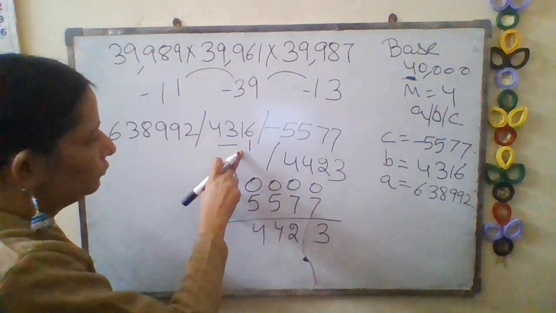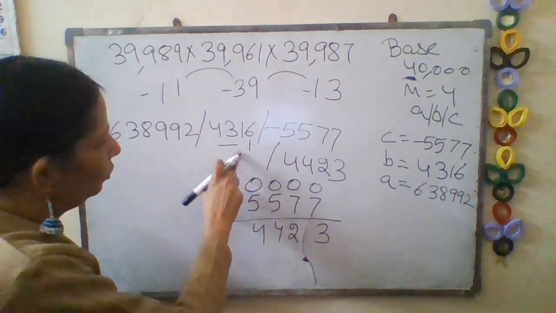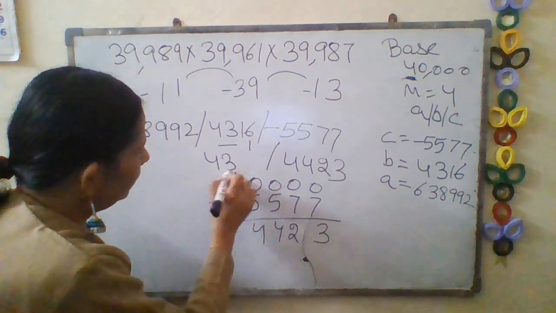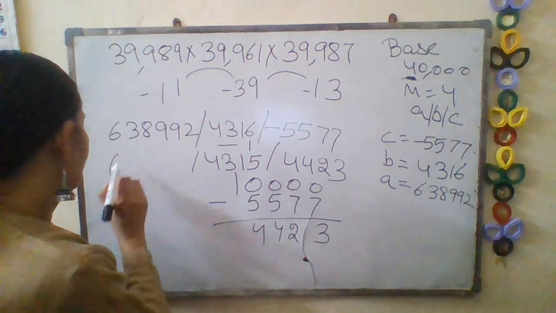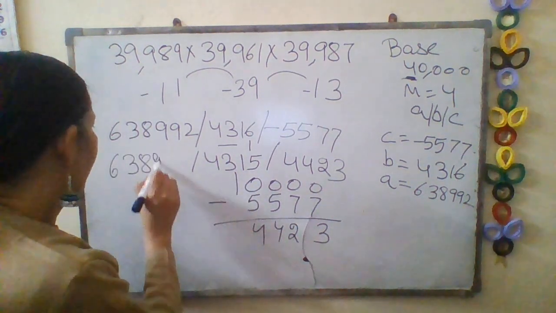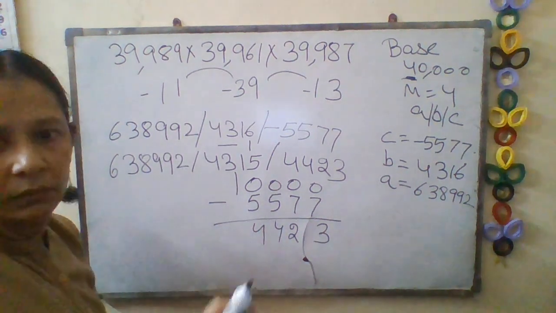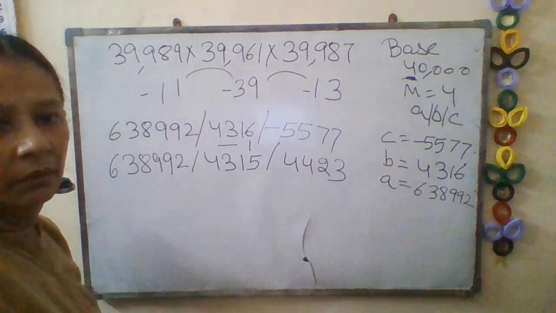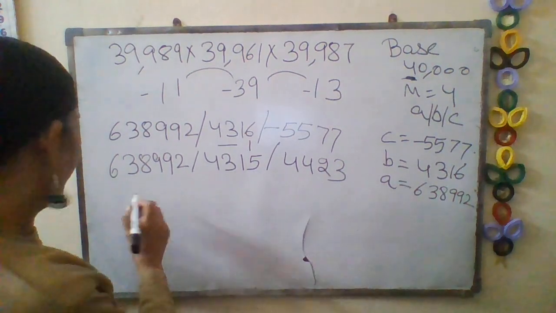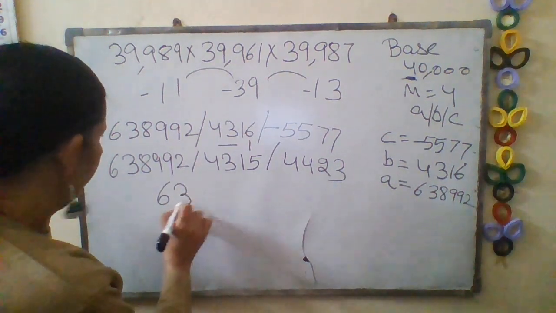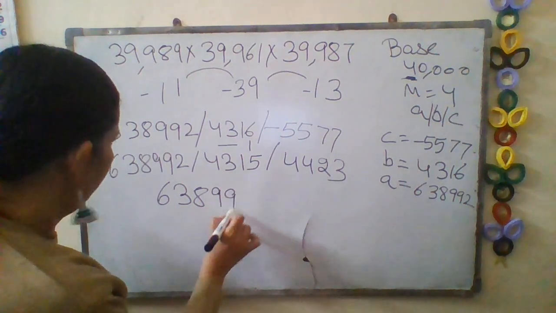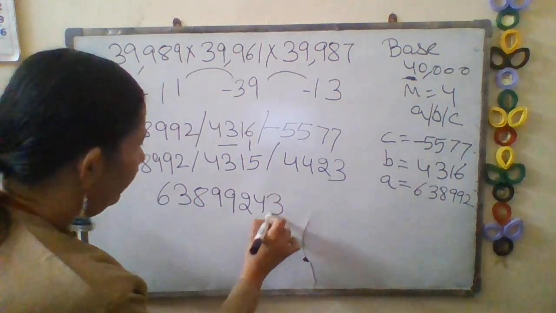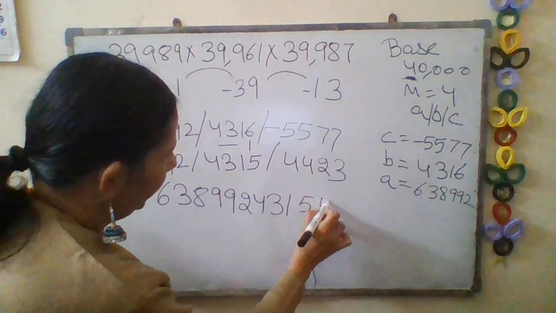Okay, because 1 you have borrowed from here. So now this is 4, 3, 1, 5. Okay, and slash 6, 3, 8, 9, 9, 2. And now you see, you write down all these numbers together. Okay, you write down, remove these slash and write down all these numbers together, and this is your final answer.